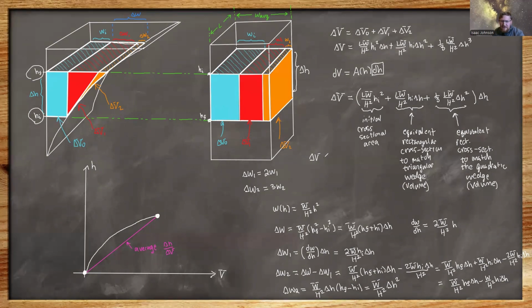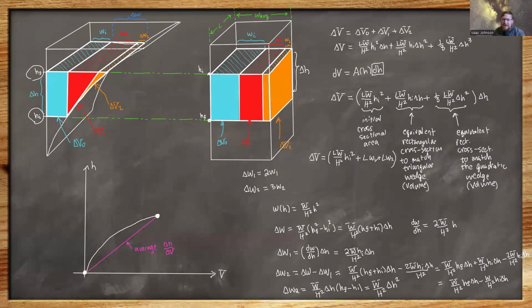You could say delta V equals this rectangular cross section, plus length times W1 plus length times W2, right? Length times W1 gives us this cross-sectional area. Length times W2 gives us this cross-section.